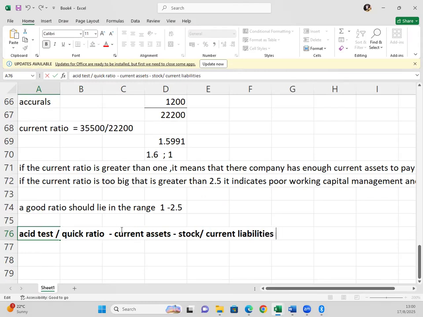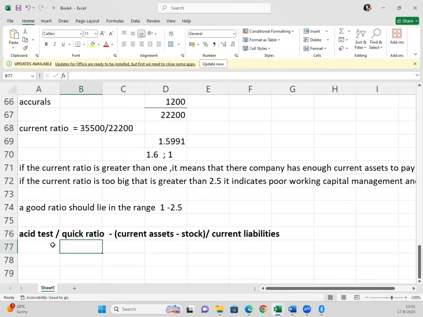So tinokwanisa here kubhadhara zvikwereti without relying nemari iri mustock. A good ratio should be close to 1.